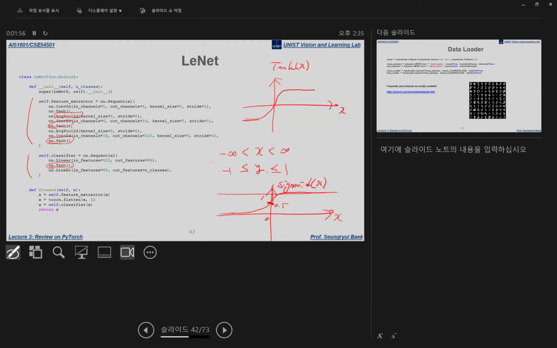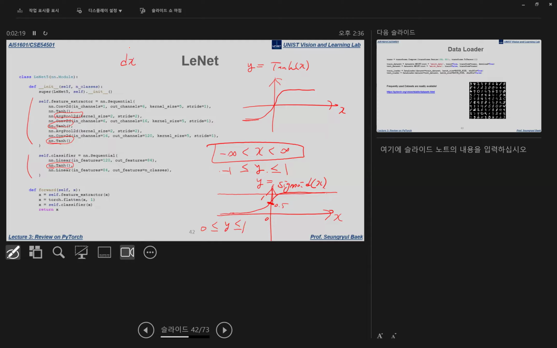Its x range is the same as the hyperbolic tangent, defined from minus infinity to infinity, but its y range is bounded to 0 to 1. That's the sigmoid function.